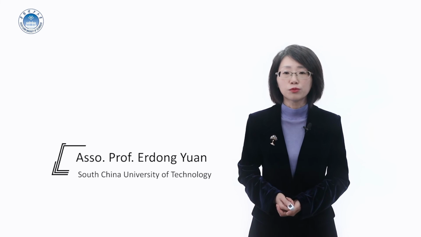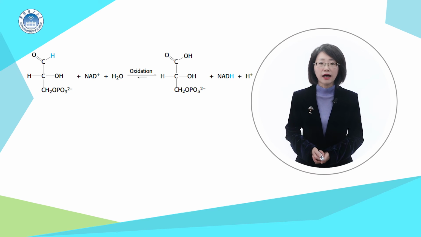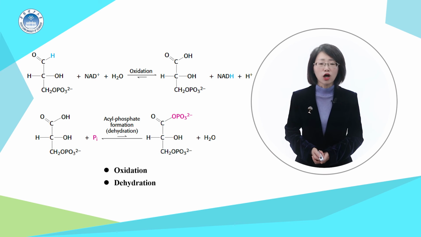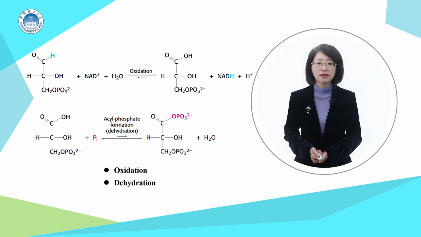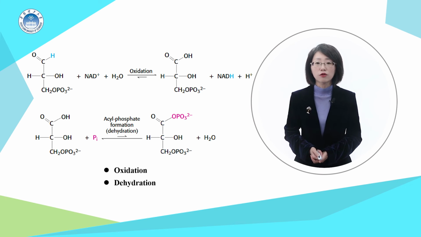The reaction can be viewed as the sum of 2 processes: the oxidation of the aldehyde to a carboxylic acid by NAD+, and the joining of carboxylic acid and orthophosphate to form the acyl phosphate product.